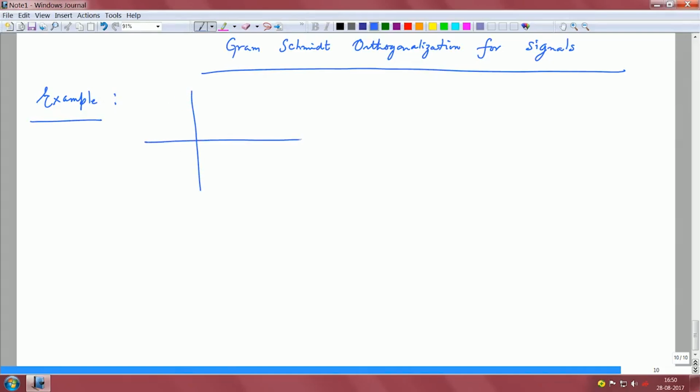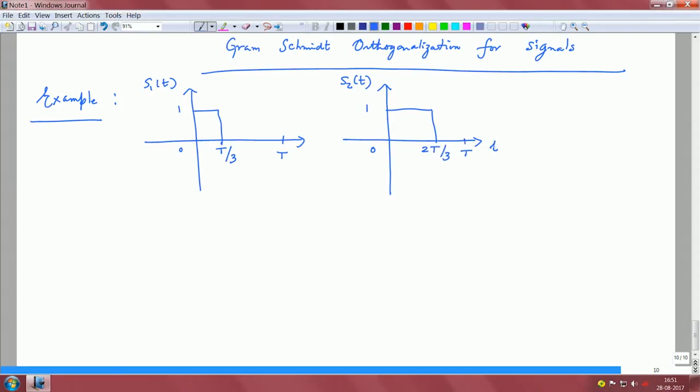Suppose I think of these waveforms like this. S1 of t is 1 for capital T by 3 seconds, some time units. I have S2 of t which is, for 2/3 of this time, 1, it is 0 otherwise.